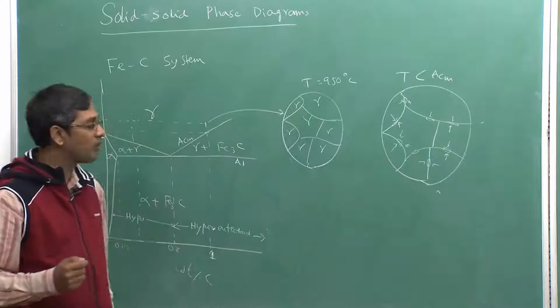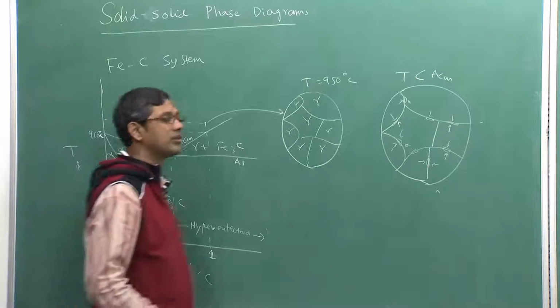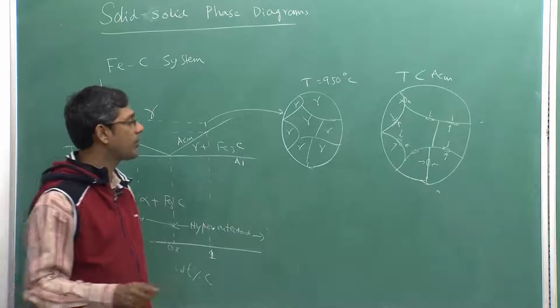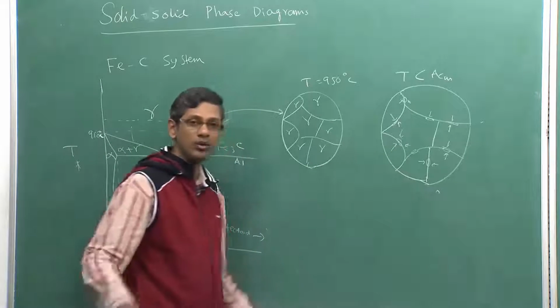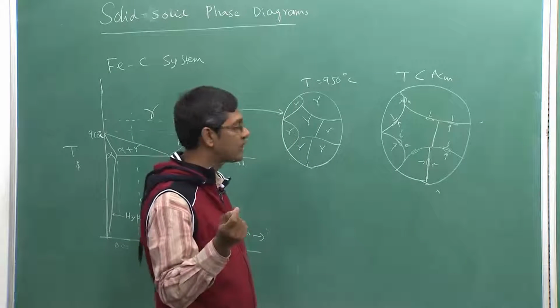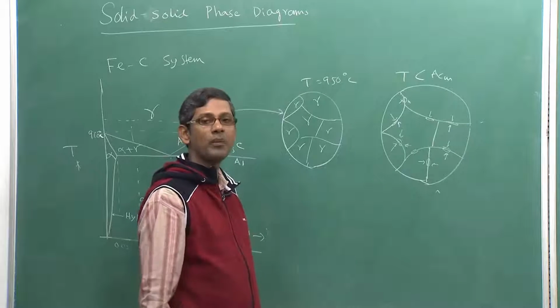Carbon normally diffuses very fast in the grain boundaries, because grain boundaries are defective regions. There are a lot of defects on the grain boundaries. When two grains meet, there will be many vacant sites, there will be dislocations. In fact, a small angle grain boundary is nothing but a row of dislocations.